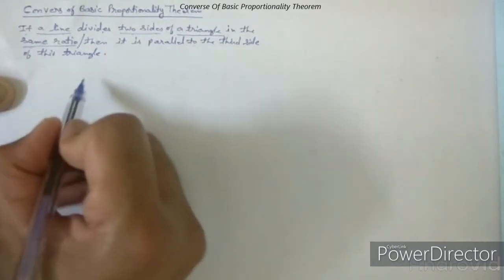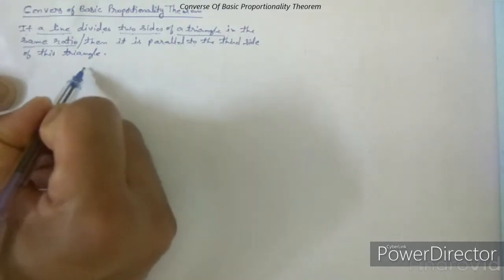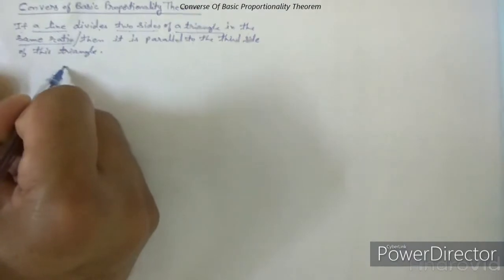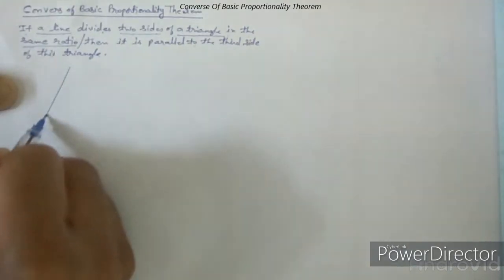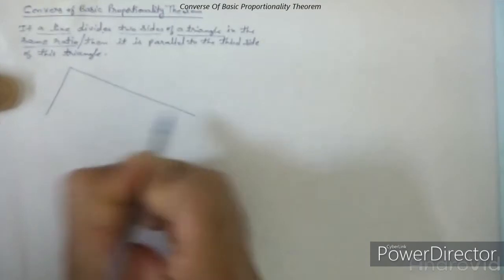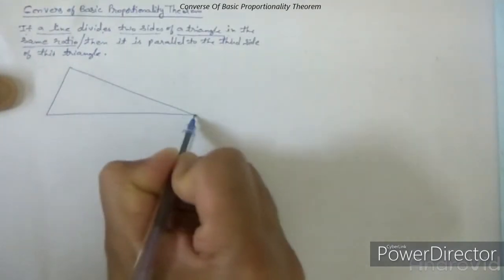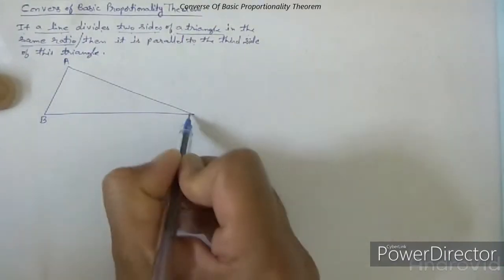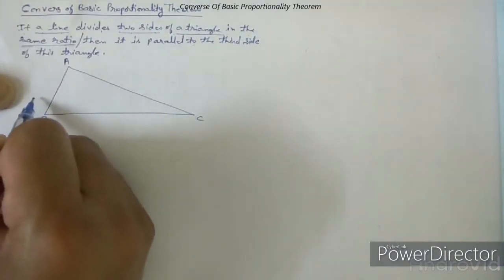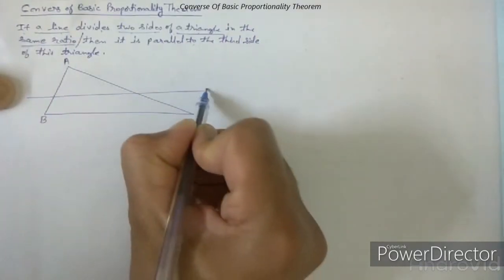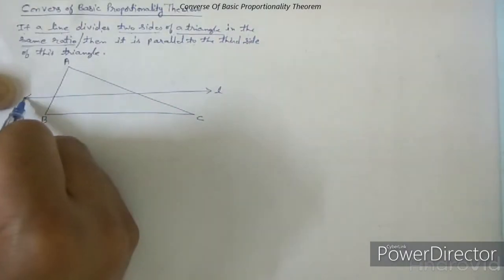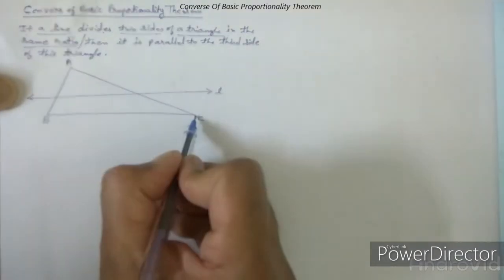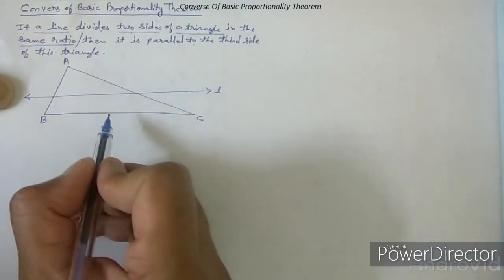Let us draw its figure. Firstly, we will draw this triangle. Suppose we are given a triangle ABC and a line L which divides side AB and AC in the same ratio.